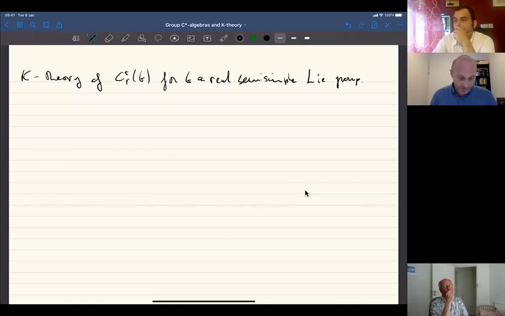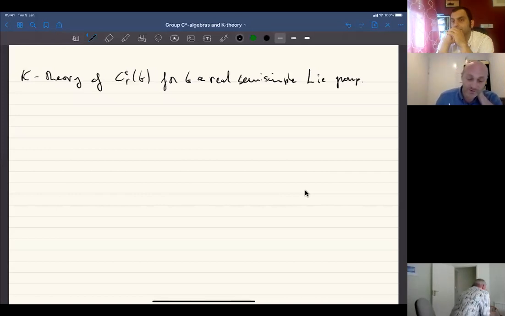Yes, in this lecture I will sketch, using all of Peter's input, how we can compute the K-theory of C star reduced of G for a real semi-simple Lie group.